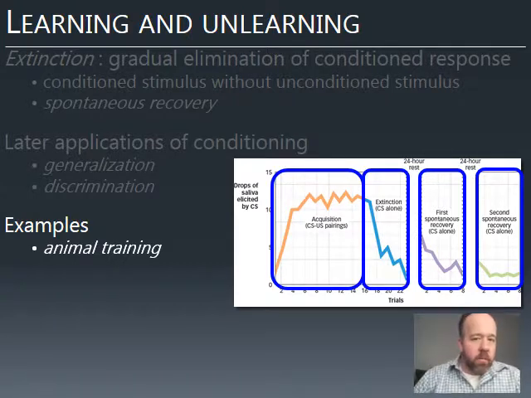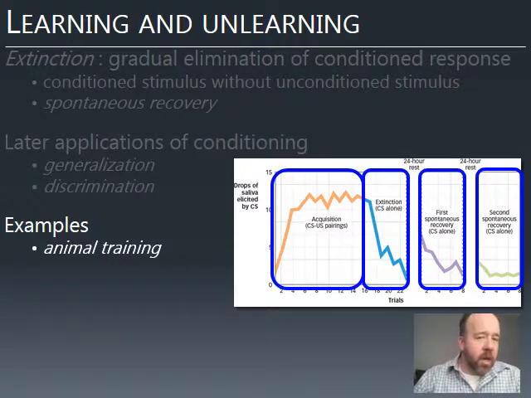So at first, an animal might not respond to a sound or a light or a touch from the trainer. But if that neutral stimulus is associated with a reward or a punishment, then after a while, all you have to do is deliver the neutral stimulus. So dog trainers will often use a little device that emits a click.